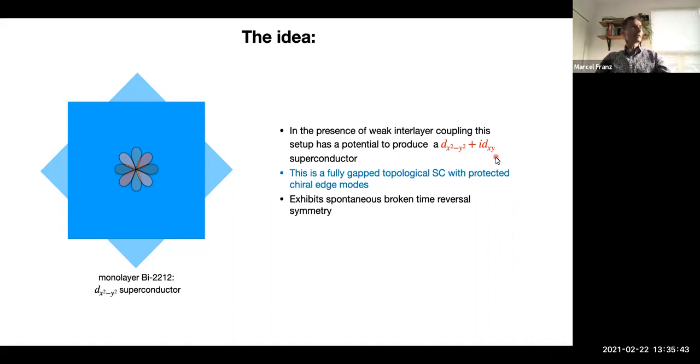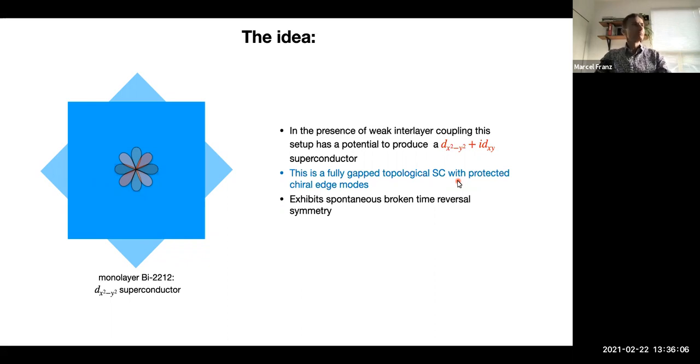This has been considered in the literature in various contexts because this state, if present, is interesting. It's a spontaneously broken, fully gapped superconductor, which is also topological in that it has chiral edge modes associated with it.